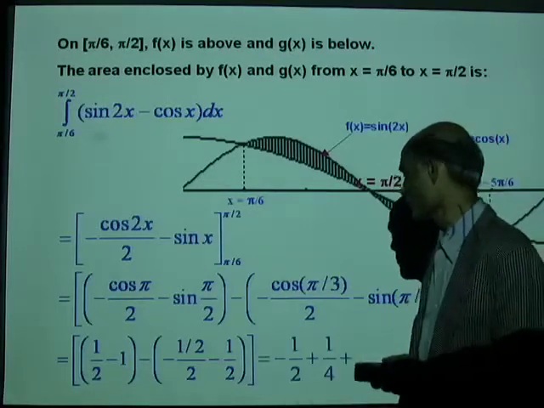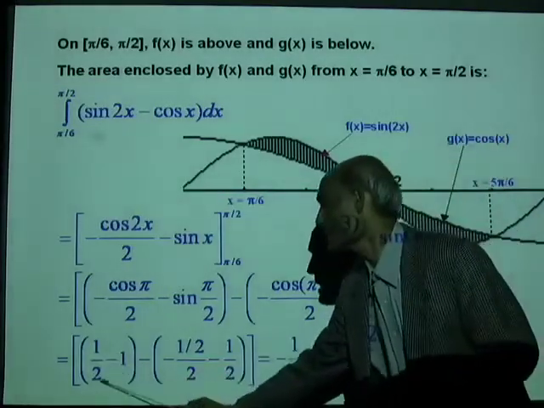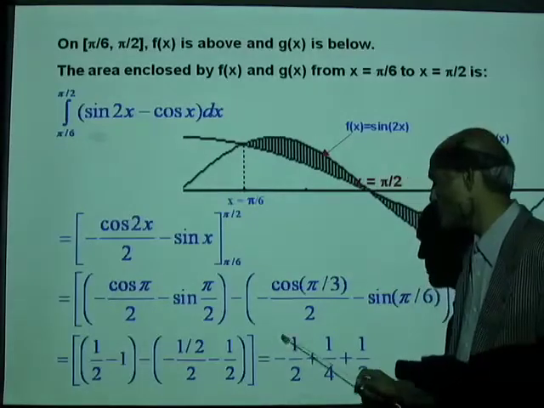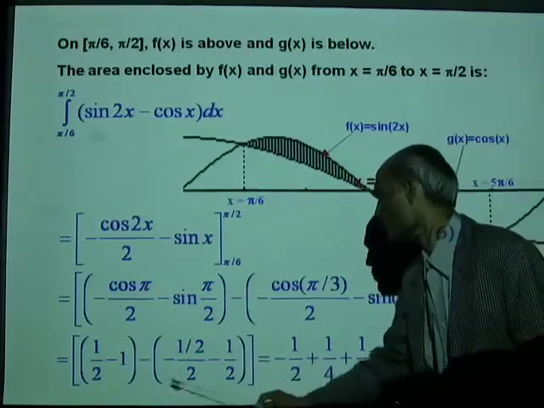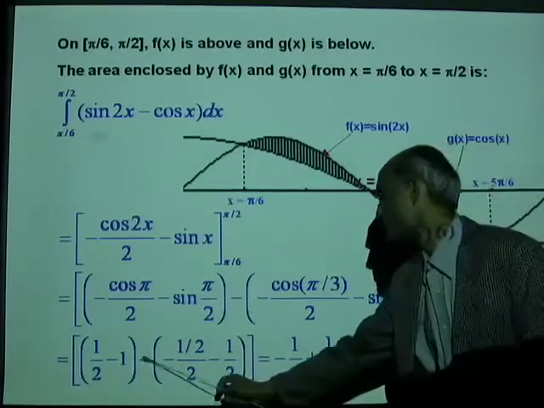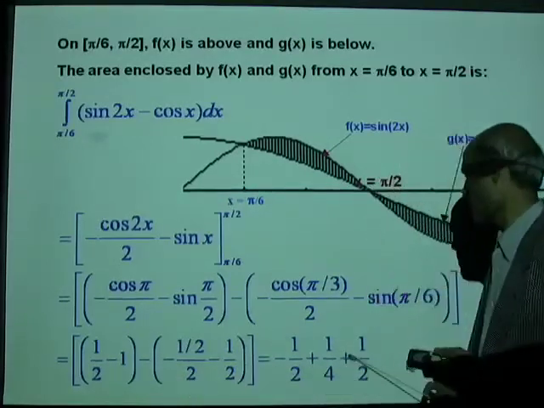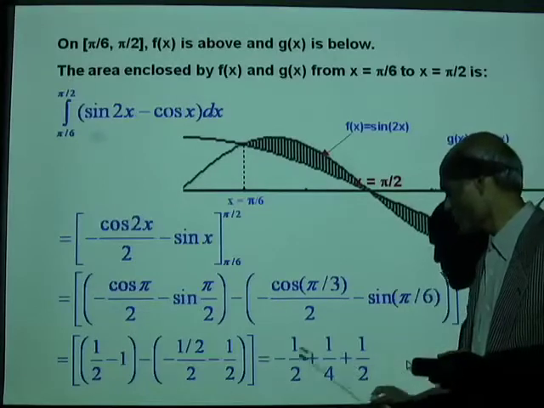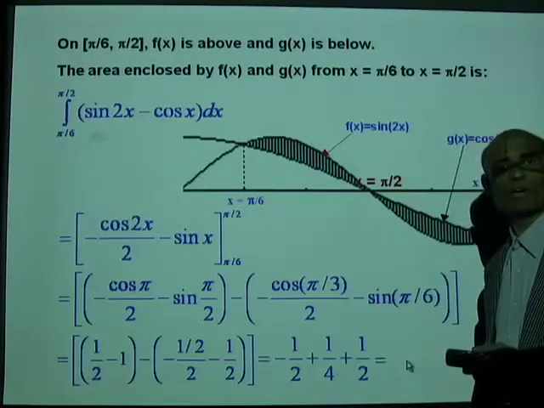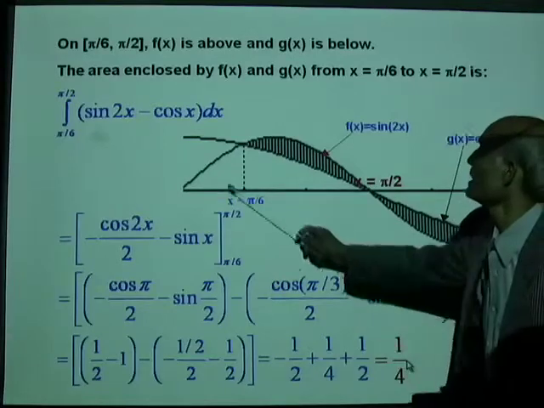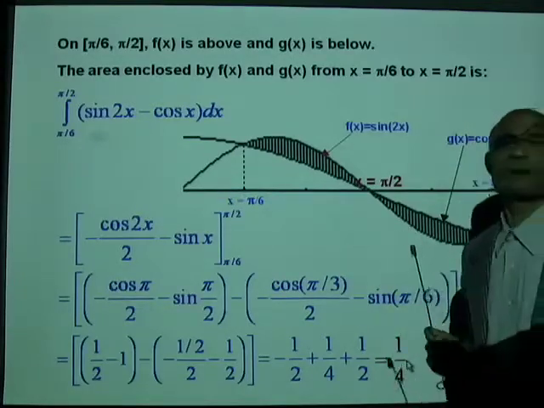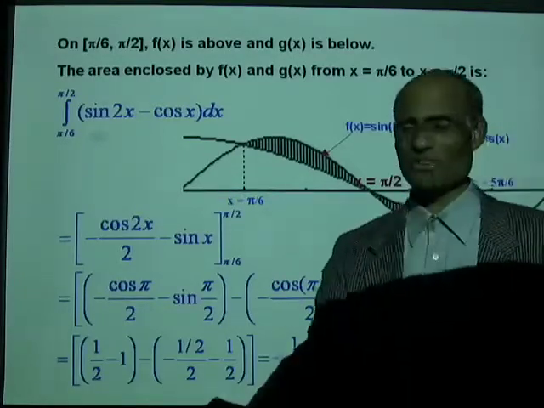Now simplify this. That will be 1/2 minus 1, which is negative 1/2. And this is negative 1/4, and the minus becomes positive 1/4. Negative 1/2, positive 1/2 goes. And that gives you 1/4 as the area enclosed by the graphs of these two functions.